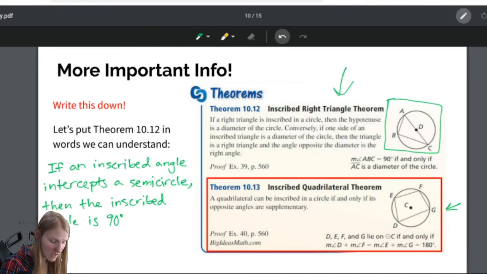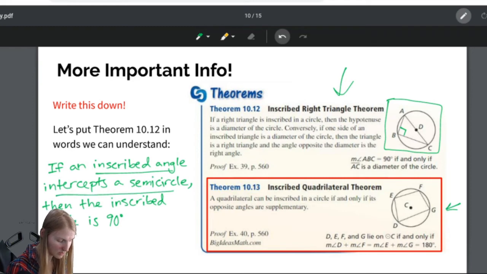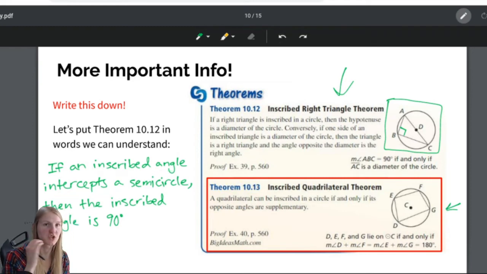If you have a diameter and you have an angle that intercepts that diameter, this will always be 90 degrees. Always. So in this case, angle B is 90 degrees, because my inscribed angle intercepts a semicircle. And remember, semicircle means half a circle.